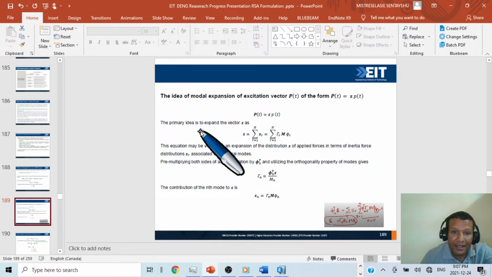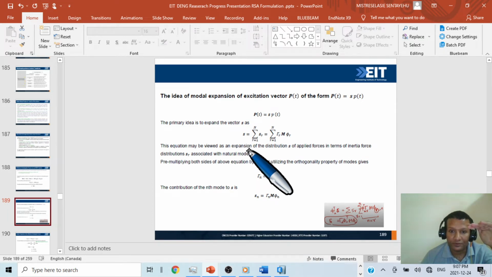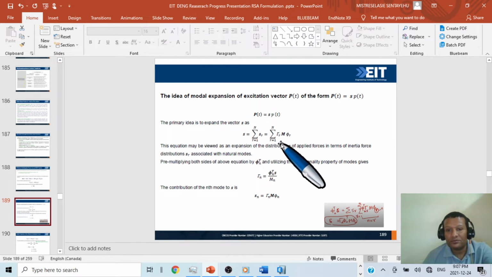So the primary idea is to expand the vector S as S equal to the summation of S_r, for r from 1 to N. This S_r is for each mode. So we have the modal participation factor Gamma_r times M times phi_r.